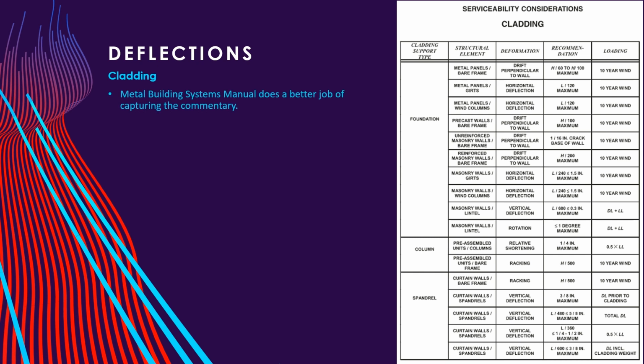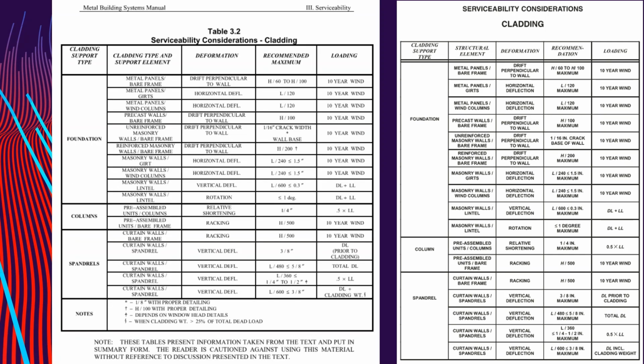For cladding, the Metal Building Systems Manual does a better job of capturing the commentary. So here's the Metal Building Systems Manual. The two are very, very similar, except the Metal Building Systems Manual has these little symbols, right? In this particular one, it says 1/16 of the crack width, but down below you'll see it says you can get up to 1/8 of an inch with proper detailing.